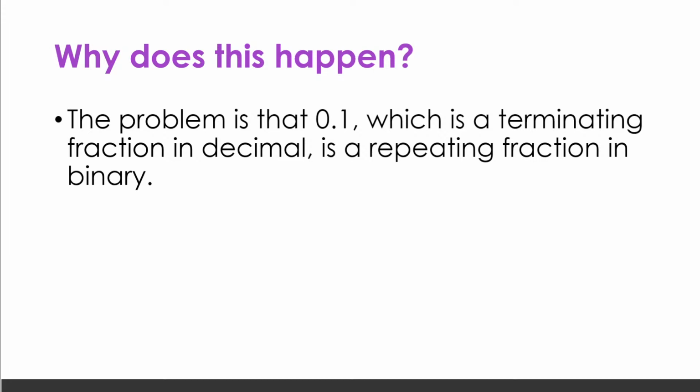And it's that 1/10 is 0.1, which is a terminating fraction in a decimal notation. But if I did the actual division problem, well, it gets a little bit weird in binary. Right? Again, this is a binary thing here.